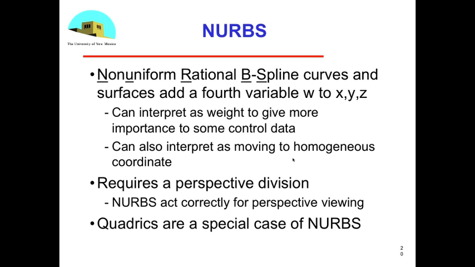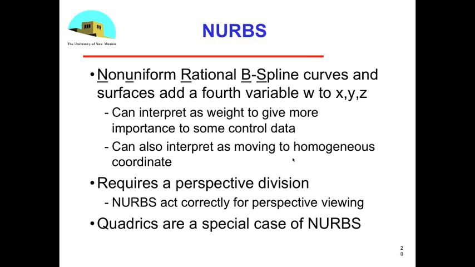Then there's another thing that you can do and show that quadrics are a special case of NURBS. Now you'll perhaps appreciate that a little more in the next lecture, but let's look at it this way. If you go back to the first lecture, we talked about curves and surfaces, and we said quadrics could be represented as implicit functions, but we could evaluate them because they reduce to a quadratic curve. When you put a line through them, you can always find those points of intersection.